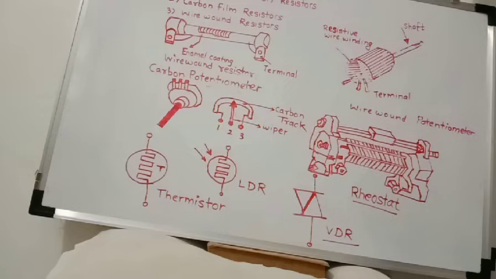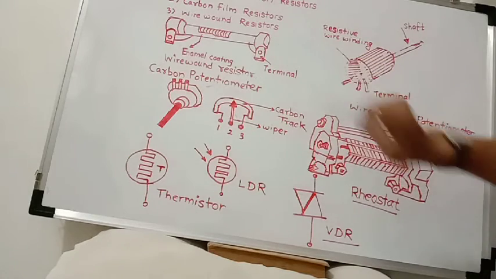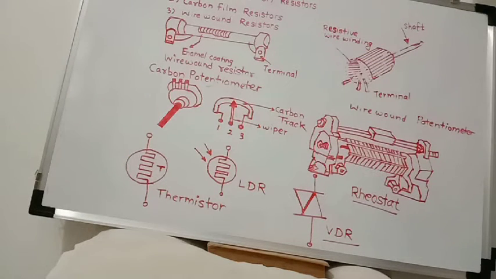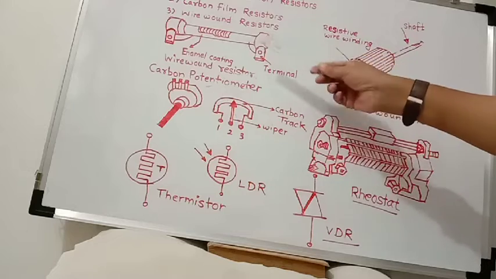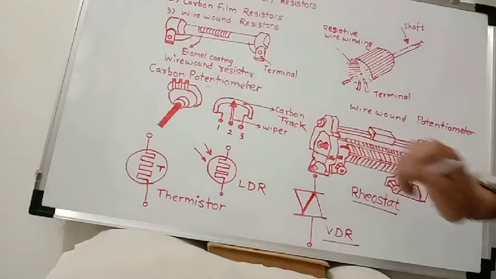Typical values of these wire wound resistors are from fractions of ohms up to 100 kilo ohms. Their power rating is from 5 watt to 200 watt.